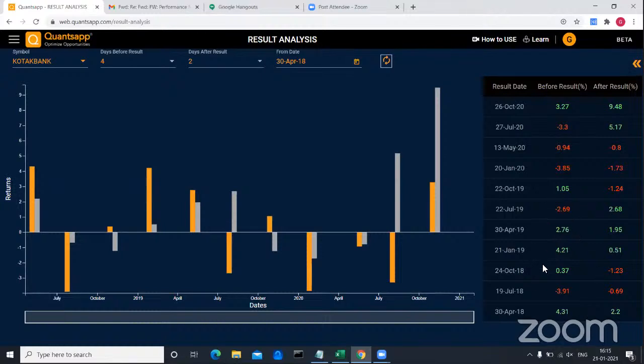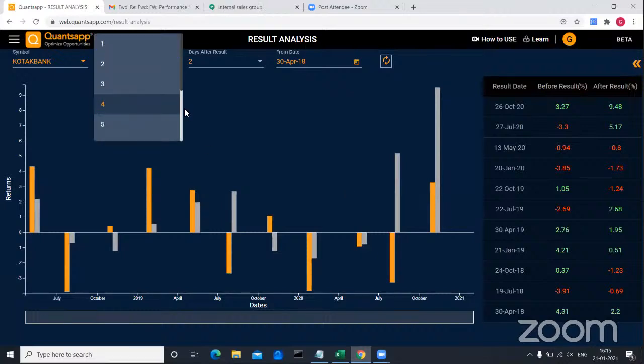So even there's a lot of unexpectedness, whether the stock will move and how much it will move. So doing your own analysis and looking into the data of what happened before can also act as a good analysis point for your trade setup. In the same way, you can sort your days before the result, like 3 days, 2 days, 1 day.